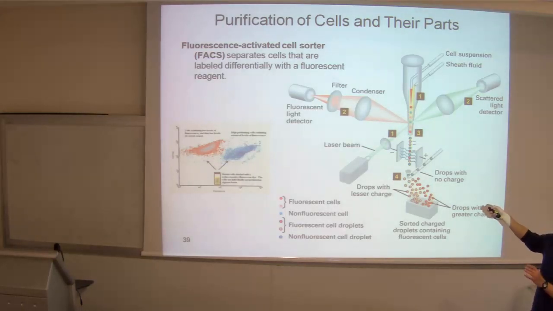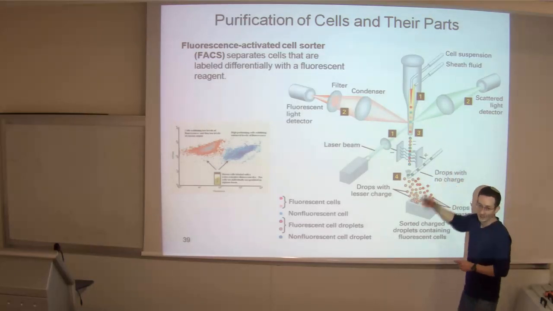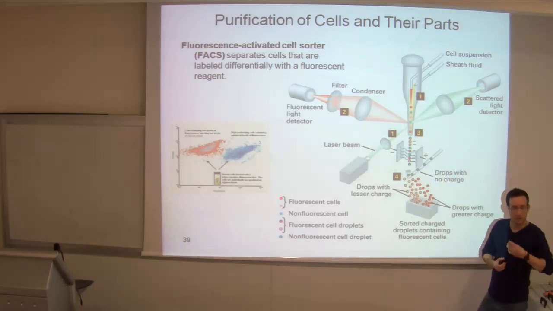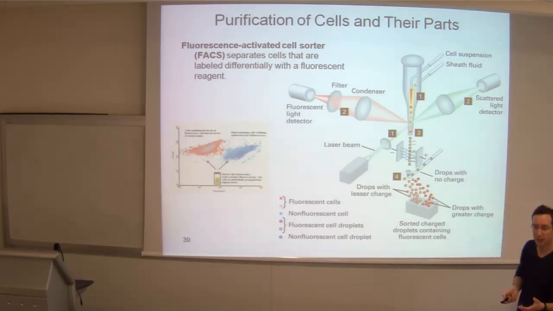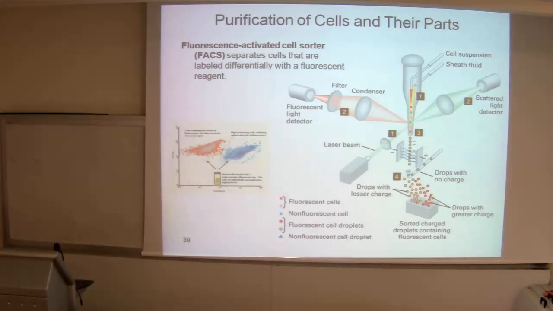Cells are forced to pass one by one, and then they meet a system of detectors that have a laser beam, scattered light, and fluorescent light detectors. Each cell separately is assessed for how much fluorescence it has, or whether it is not labeled at all, which dictates whether it belongs to a certain subpopulation or not.